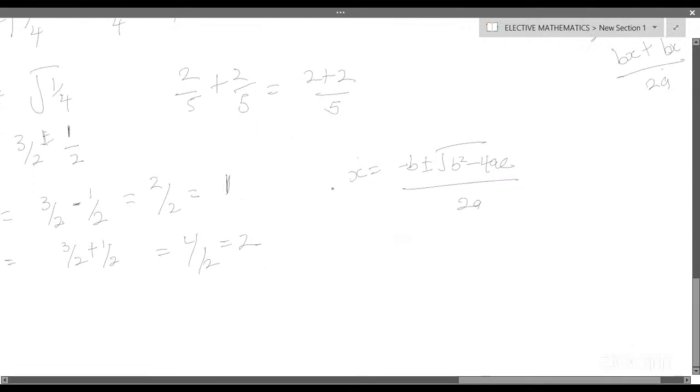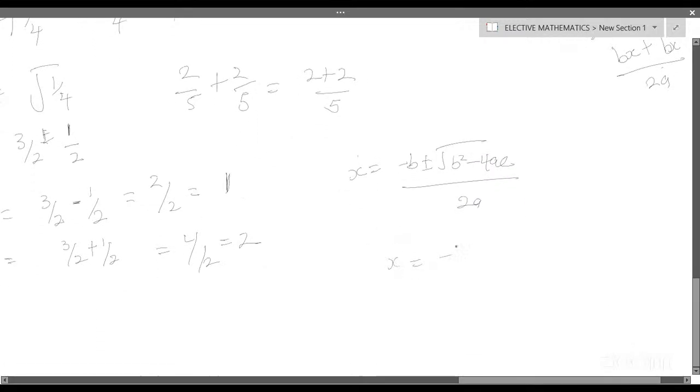First scenario, we use the plus: minus b plus root of b squared minus 4ac over 2a. Second scenario, x2 is minus b minus root of b squared minus 4ac over 2a. So let's do it for x1.